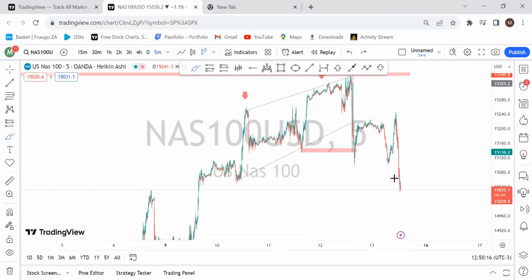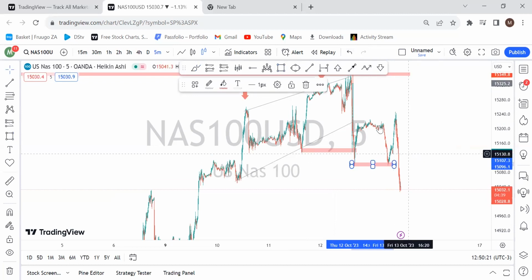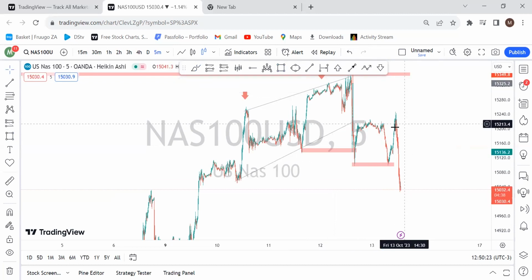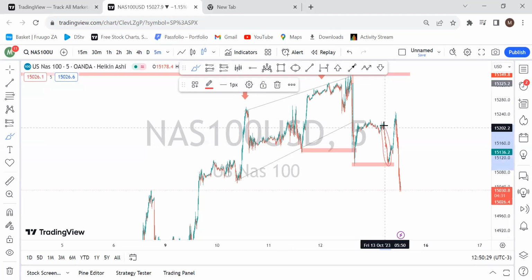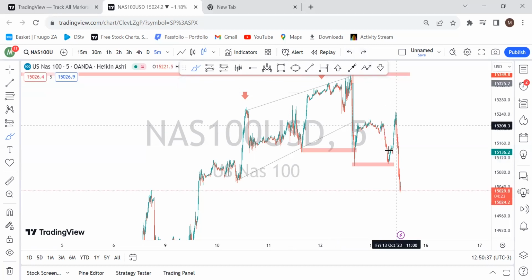Since we now have this new low, if you are the type to enter these opening sessions, you would have entered the sell and then set your stop loss right there. I mean, your take profit right there. But those kind of trades are not within my competence, basically.